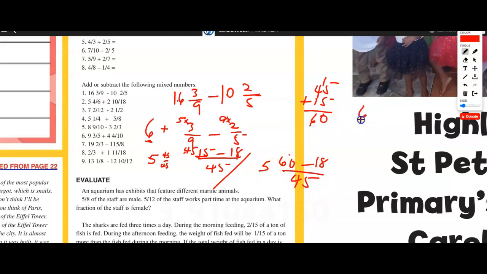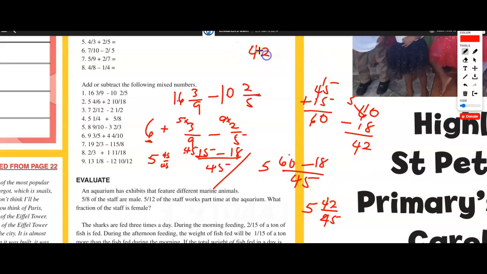So what is 60 now? And you take out 18. We're going to have 42. We have 42 over 45. So we have 5 and 42 over 45. And we could use 3 to reduce these. All right. So 3 into the 42.